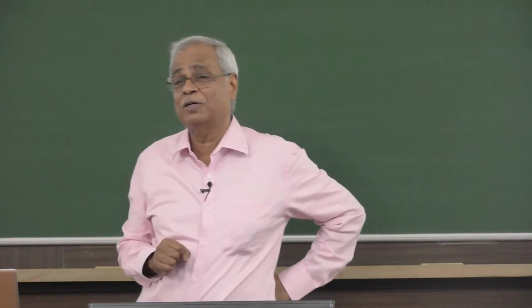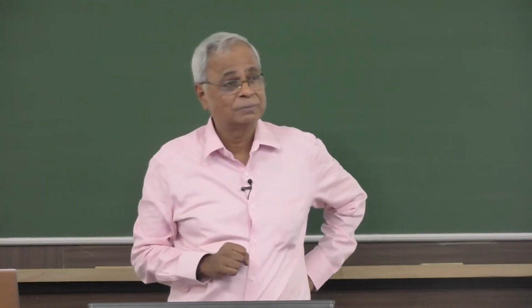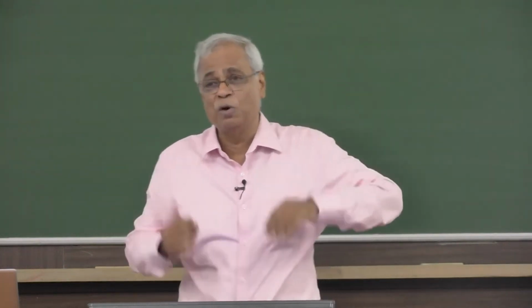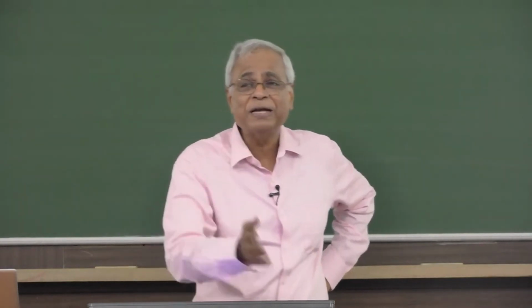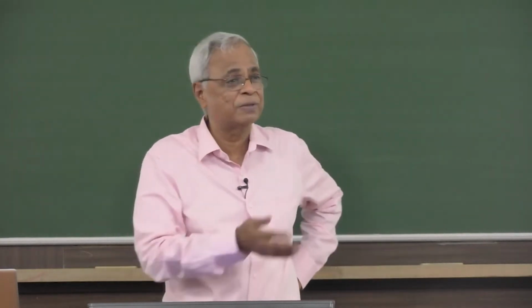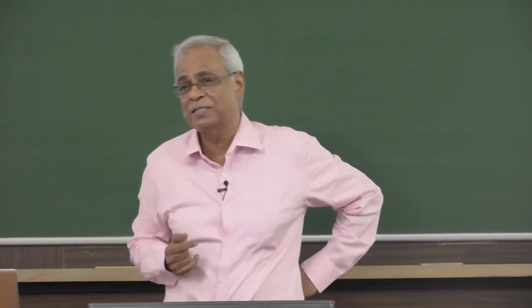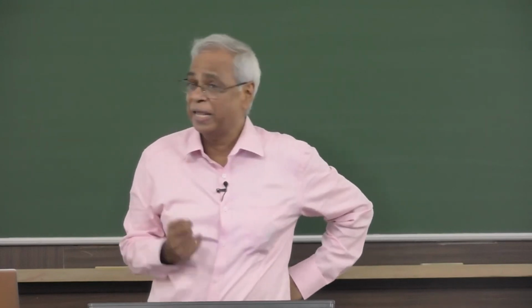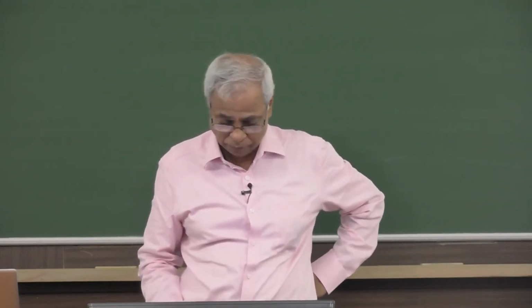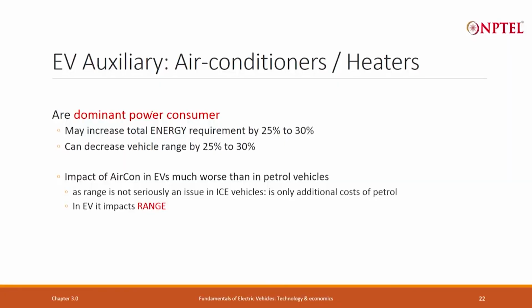Not so for electric vehicles. The battery will anyway give you limited range, and then you take away 25% to 30% of the battery energy for using things like this. Your range significantly goes down. So, I want to point out the impact of air conditioner and heaters is felt much more on EV energy consumption. It impacts range, and range is very valuable.